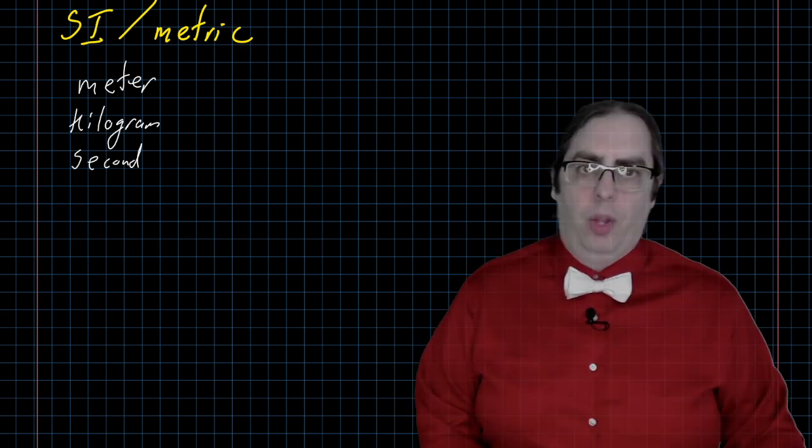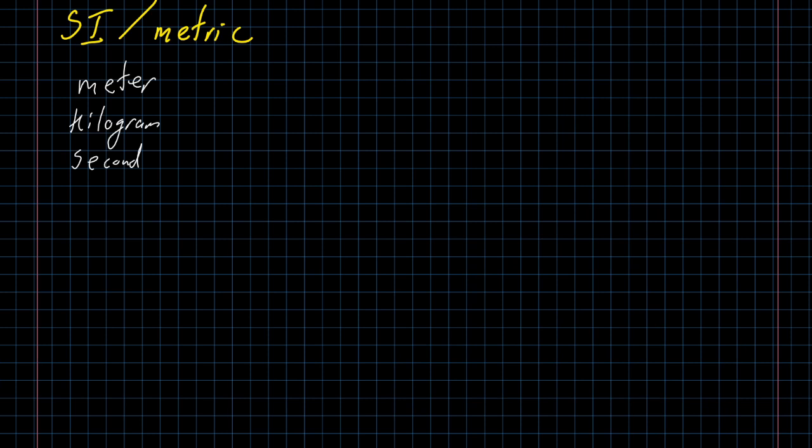It's time to start doing some calculations, although these calculations should be fairly straightforward. One of the nice things about the metric system is the use of SI prefixes. There are a ton of these. I don't need you to know all of them. Quite honestly, I don't know all of them.